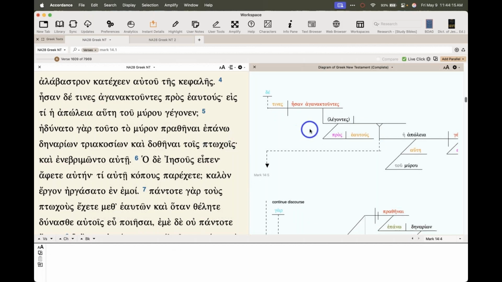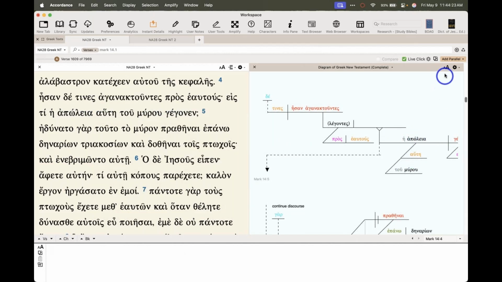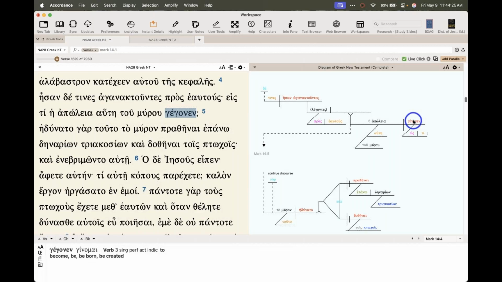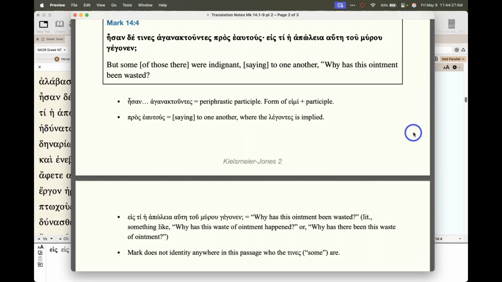But here we have he apoleia haute tou myrou, so this waste of myrrh, and then happened. Why? So why has this ointment been wasted is literally something more like, why has this waste of ointment happened, or why has there been this waste of ointment? So why this waste of ointment has there been?